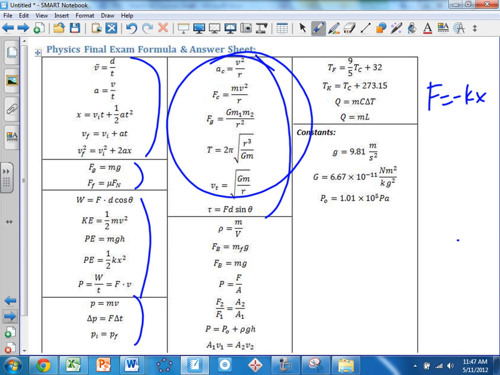Again, v squared. What was v again? And don't just say velocity. This is a tough one. What is v? Tangential velocity. What does that mean, tangential? It's like on the edge. Very good.